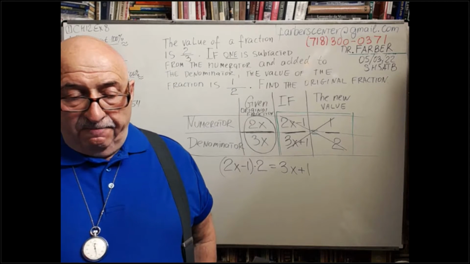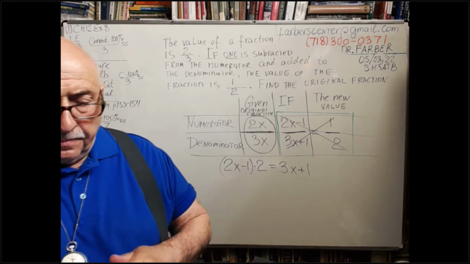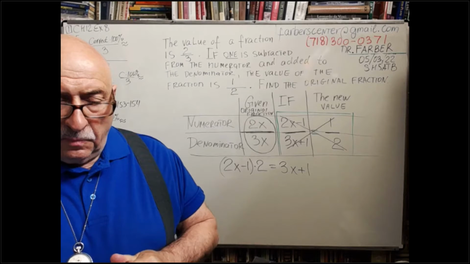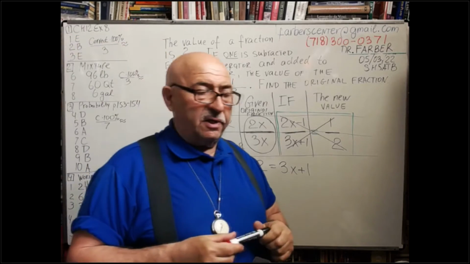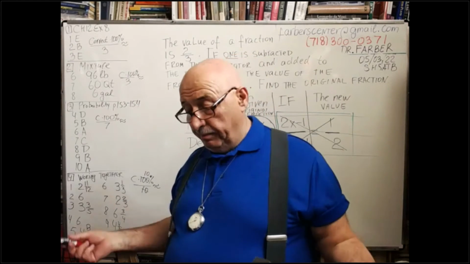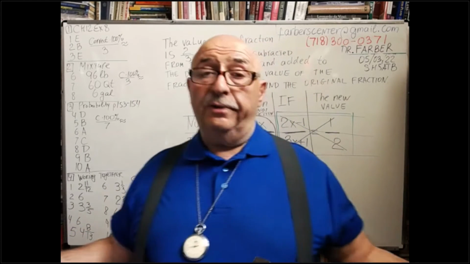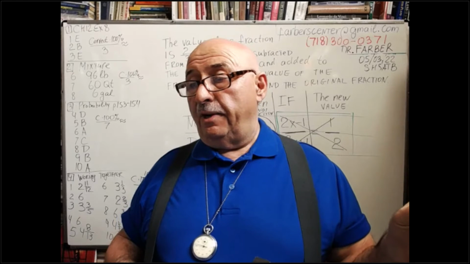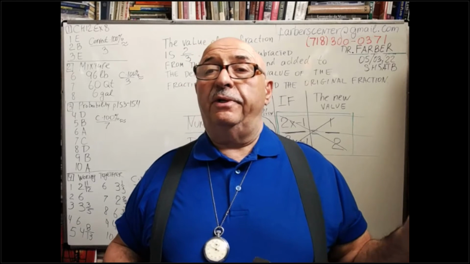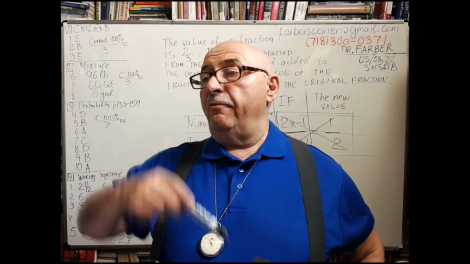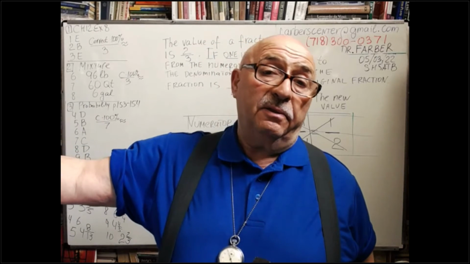Dr. Farber? Yes. So x represents the original value, right? No. x represents the scaling factor. For instance, you have a map of Brooklyn. In reality, 1 centimeter in this map represents 5 miles in reality, pretend.